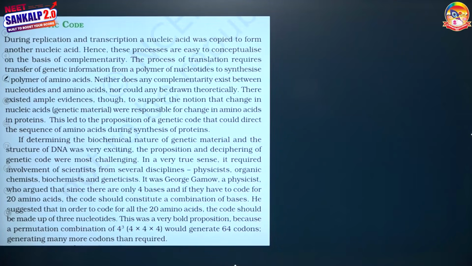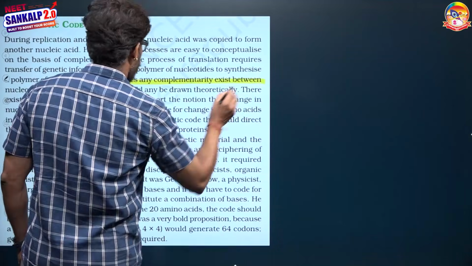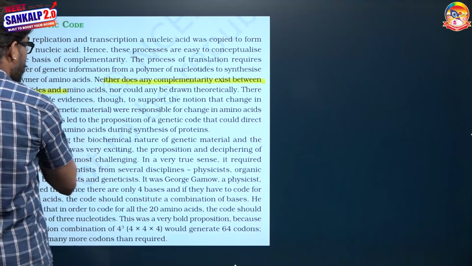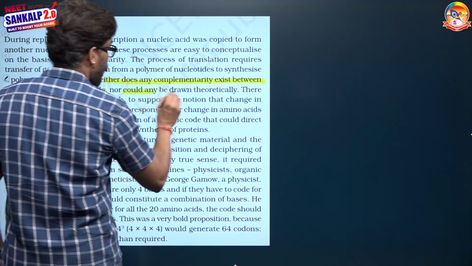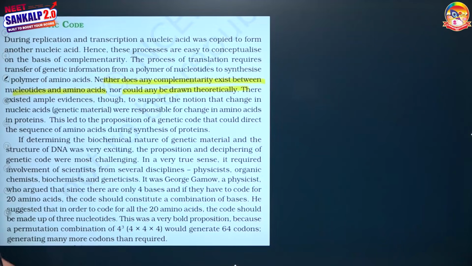Genetic code. During replication and transcription, nucleic acids were copied by following the rule of complementarity. The process of translation requires transfer of genetic information from a polymer of nucleotides to a polymer of amino acids. Neither does any complementarity exist between the nucleosides and amino acids, nor could any be drawn theoretically.